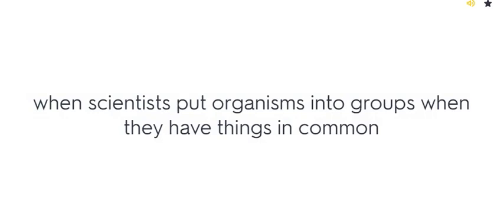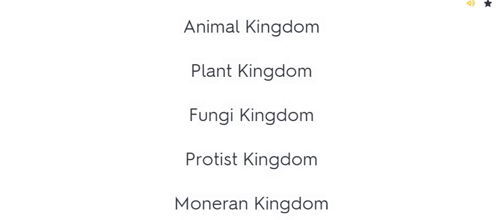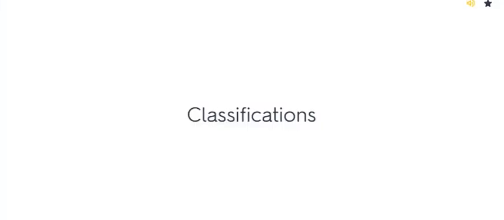Taxonomy. When scientists put organisms into groups when they have things in common. Kingdoms. Animal kingdom, plant kingdom, fungi kingdom, protist kingdom, monera kingdom. Classifications.